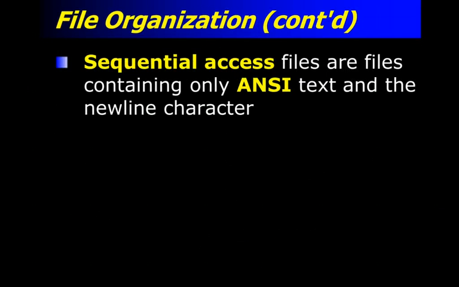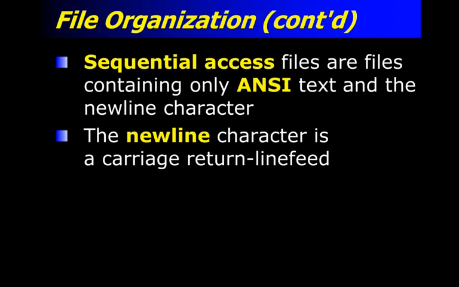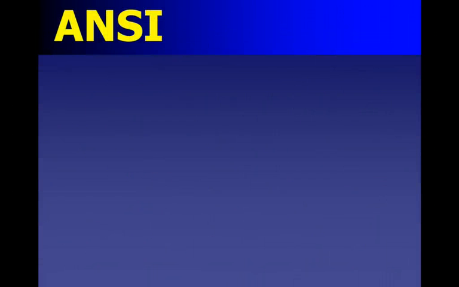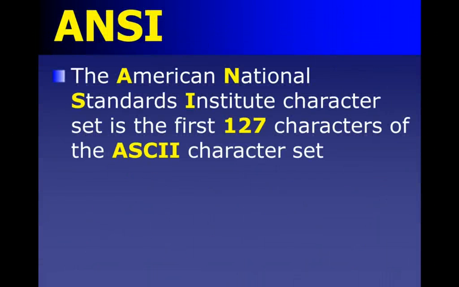Okay. So what sequential files do is they store basically characters that are available in the ANSI table. Now, ANSI, you may look at there, is a subset of the ASCII character set. Okay? And basically, if I just flip to the next page, it's a collection of characters.